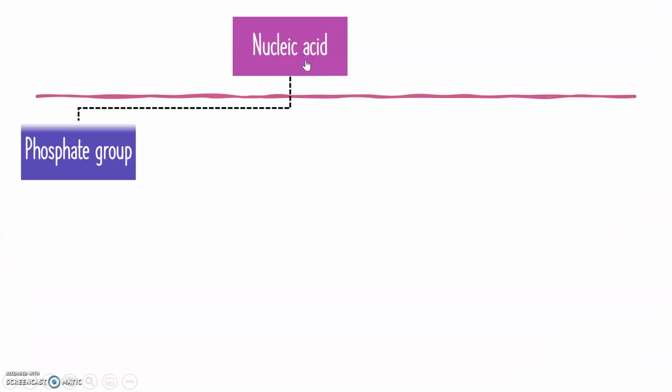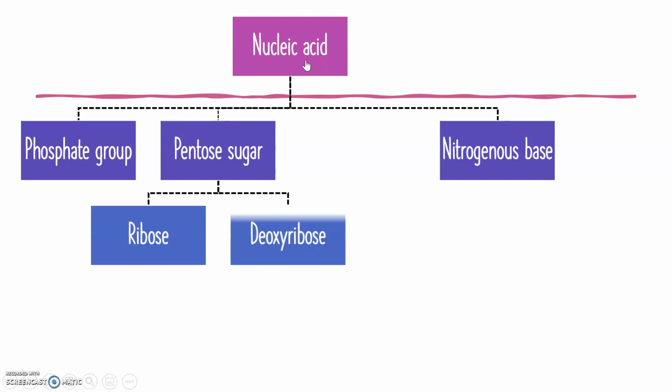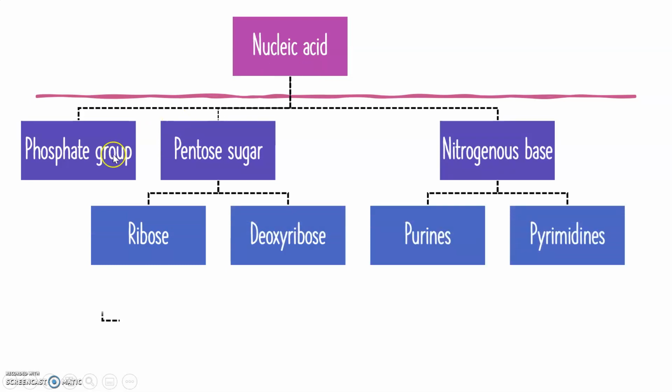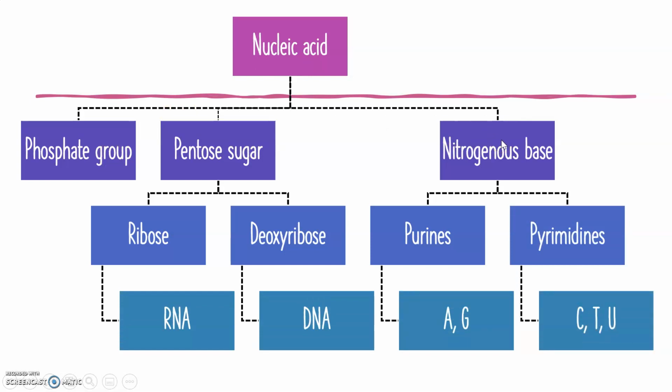Finally, you learn about nucleic acid, and the monomer of nucleic acid consists of a phosphate group, pentose sugar, and nitrogenous base. You also learn that there are 2 types of pentose sugar used in forming the monomer of nucleic acid.